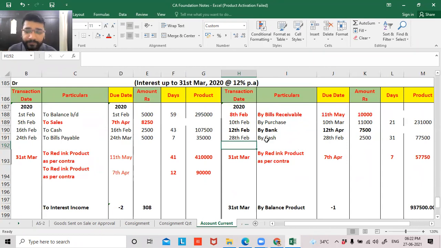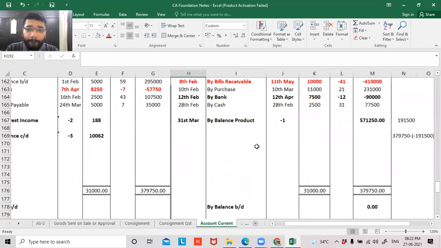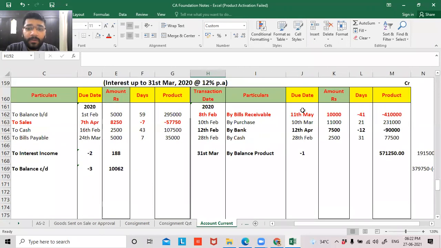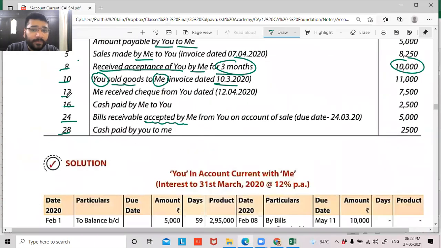Yes, boss. So for 90,000, how is the due date 7th April, sir? It should be 12th April, no, sir. Which one? For 90,000. For 90,000, what did we get previously? 12th. Due date is 12th April, no? What is the transaction date? 12th February, right? 12th April is the date of the check, no?